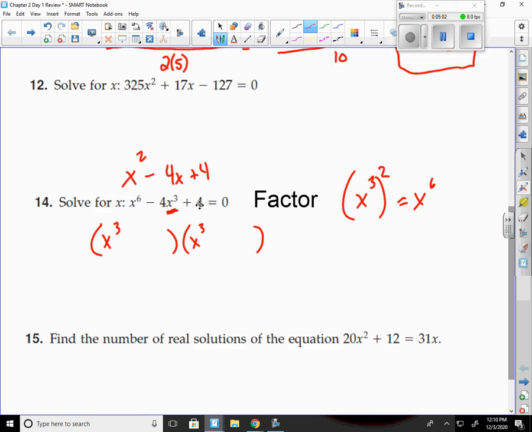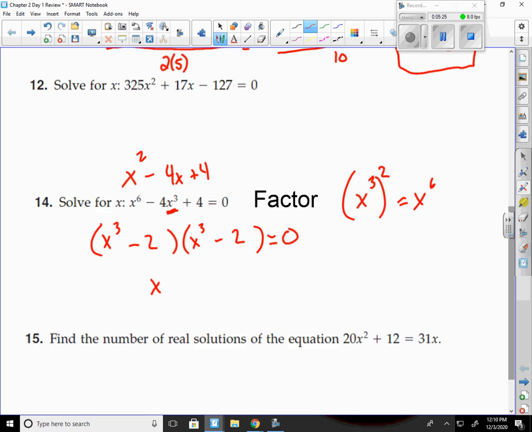And what multiplies to give me positive 4 and adds to give me negative 4? That would be negative 2 and negative 2. Now these are the same exact thing, so I only have to solve one of them.